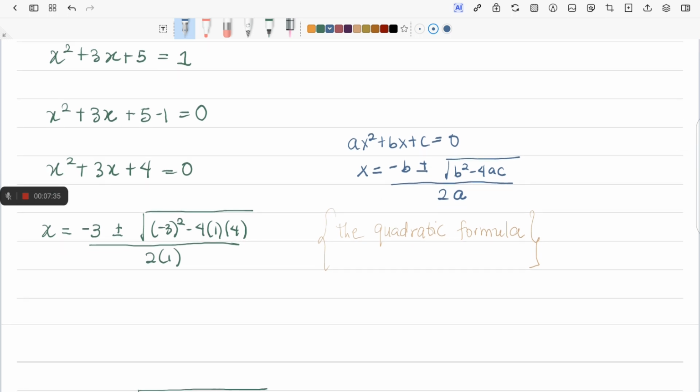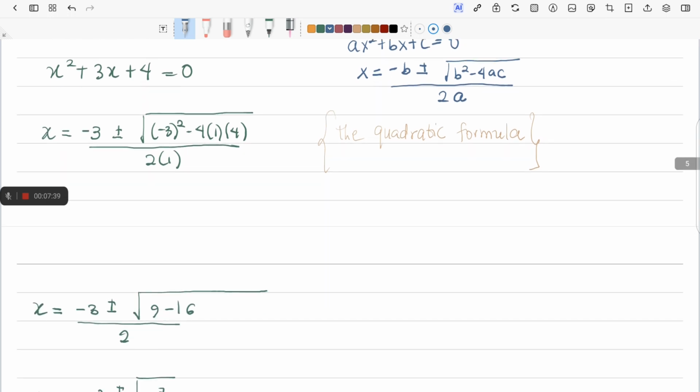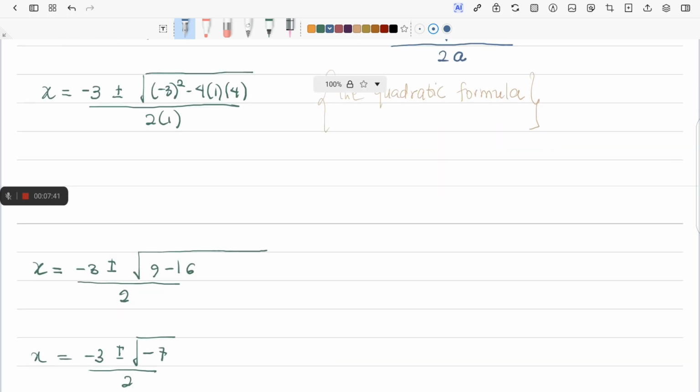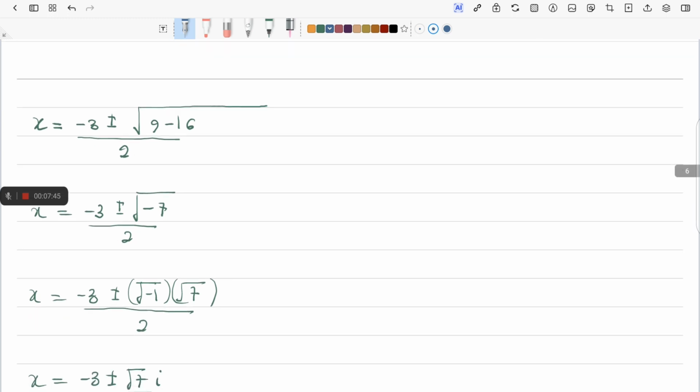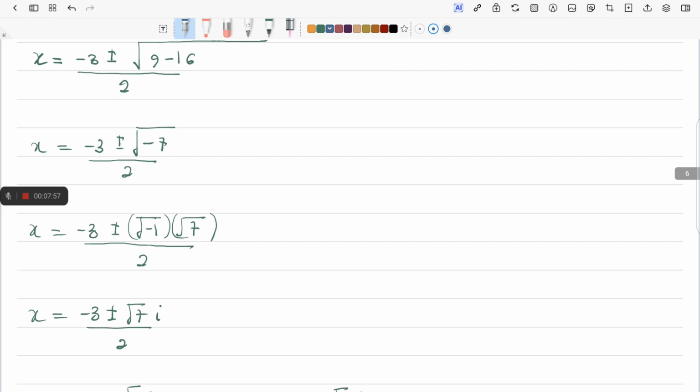I simply plug the coefficients we have in our question into the quadratic formula, and then we solve for x. So here we have x is minus 3 plus or minus. The plus or minus means we have two solutions. So it could be minus 3 plus the square root of minus 7, over 2, or minus 3 minus the square root of minus 7, over 2.